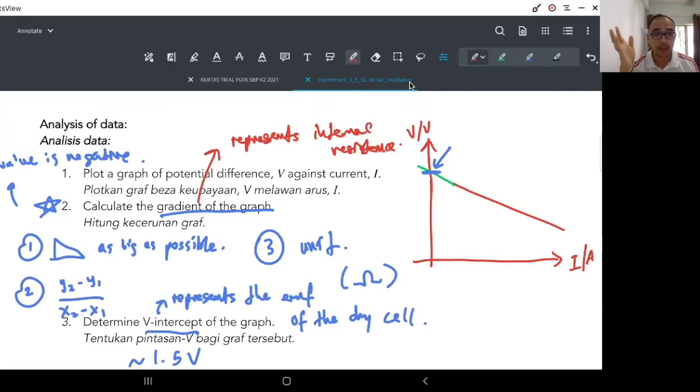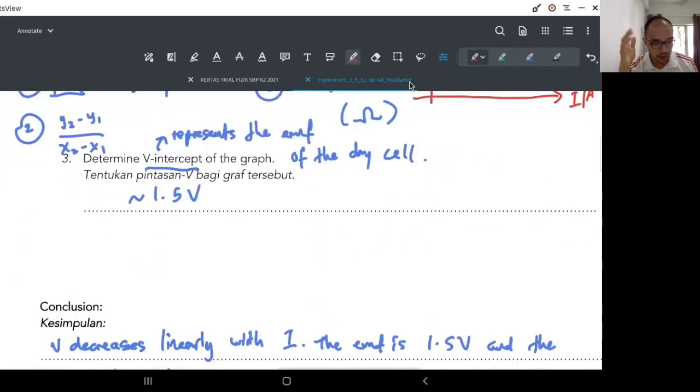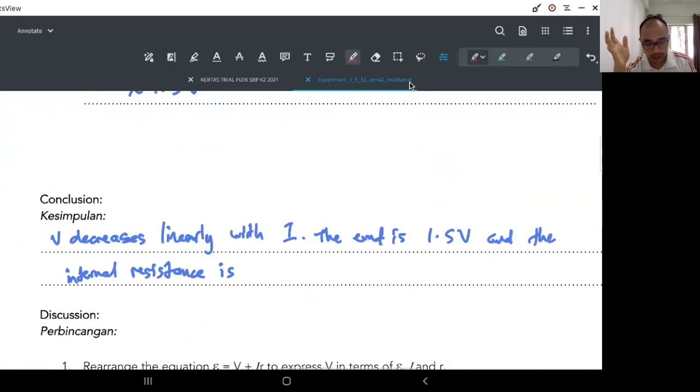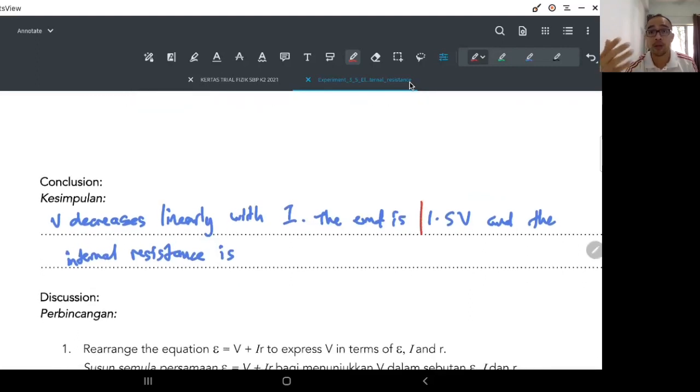So when you calculate this already, you will find that EMF is 1.5 volts. Again, guys, this answer depends on your own intercept. And the internal resistance value is dependent on your own gradient. So make sure you calculate everything correctly. If you calculate everything correctly, you cannot be that far wrong from my value. So that's the most important.